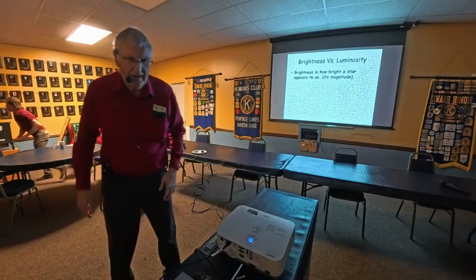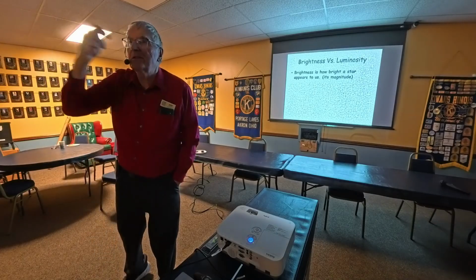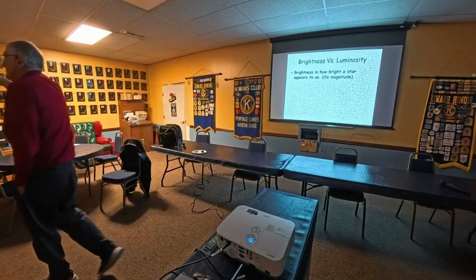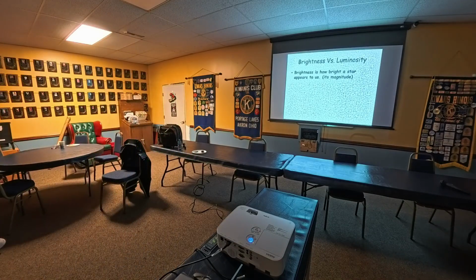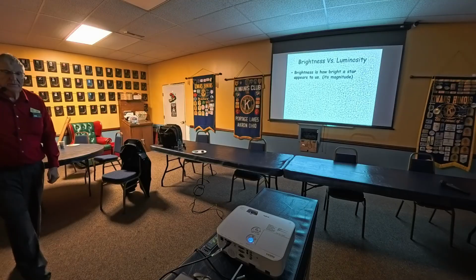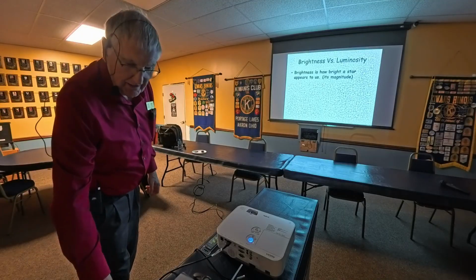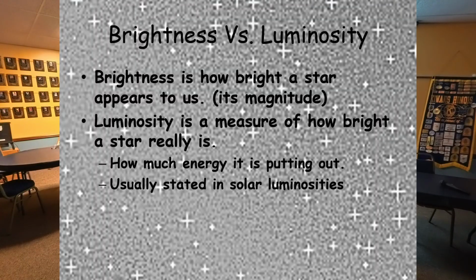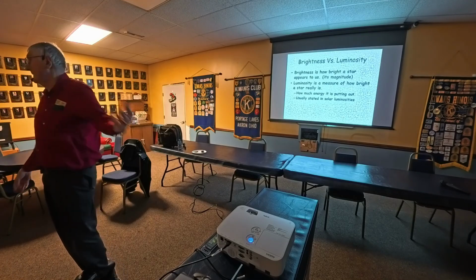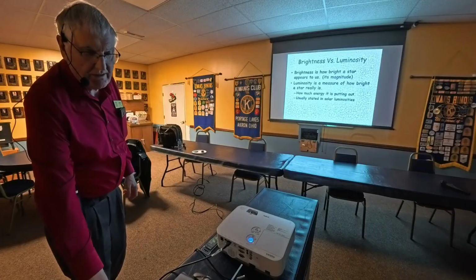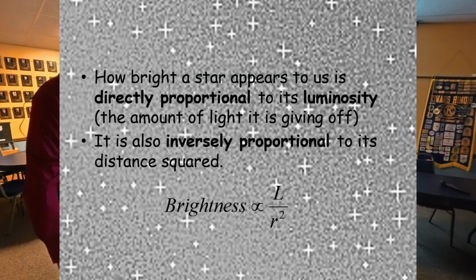All right. So, brightness is how bright a star appears to us. It's the magnitude system. Luminosity has to do with how much energy it's actually giving off, how bright a star actually is. Think of it as the wattage on a light bulb. How bright a light bulb appears to you depends on its luminosity and how close it is to you.